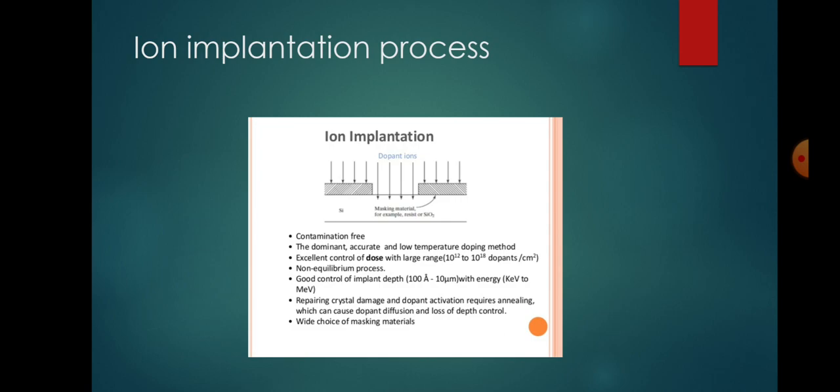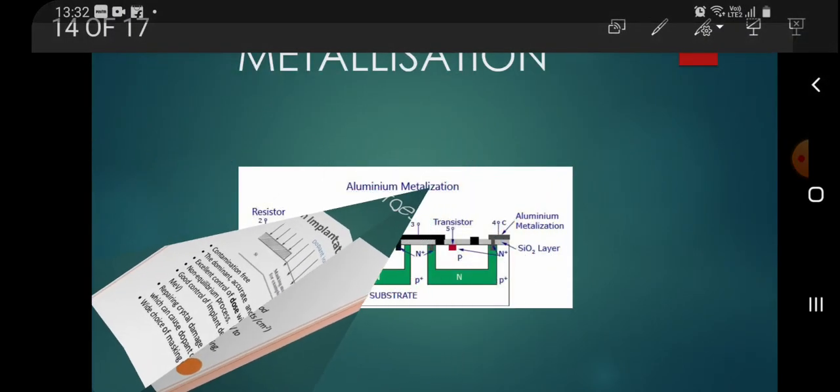Repairing crystal damage and dopant activation requires annealing, which can result in dopant diffusion and loss of depth control. There is a wide choice of masking materials. These are the advantages of the ion implantation process over the diffusion process.